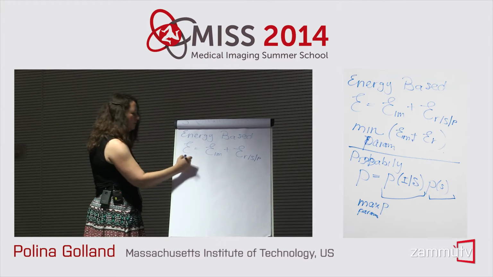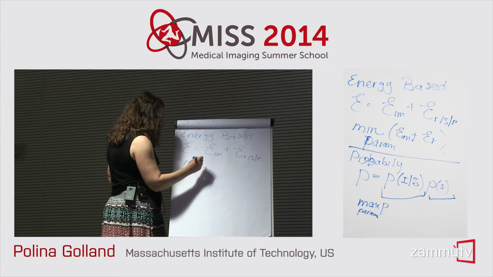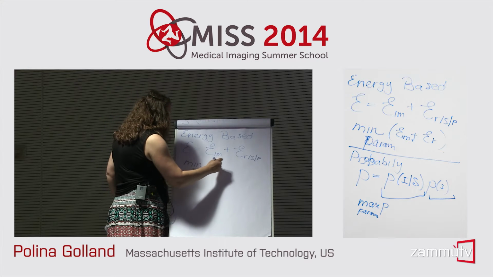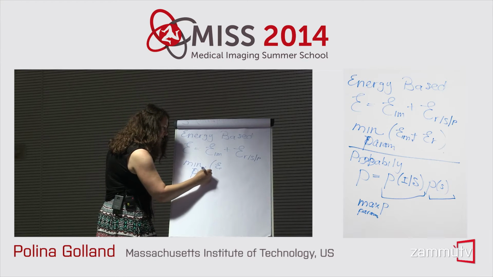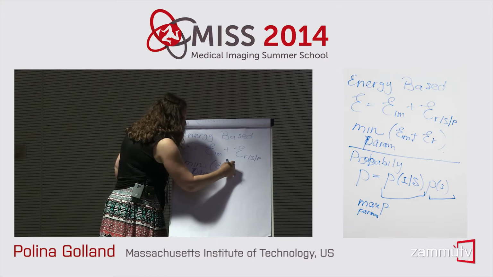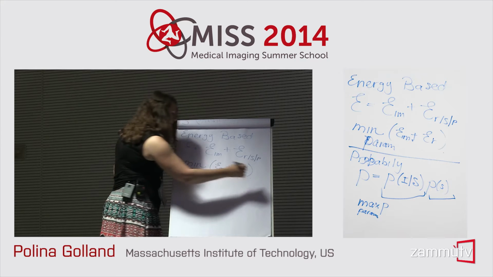And of course you want to minimize the energy over all terms. So basically you want to minimize this over your parameters of the segmentation. It's the energy of the image term and the energy of the regularization, okay?